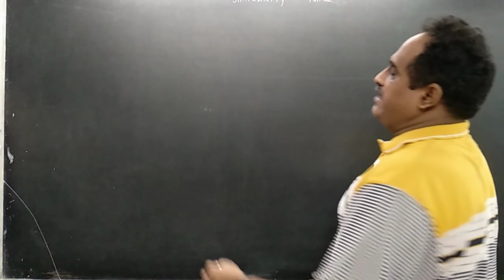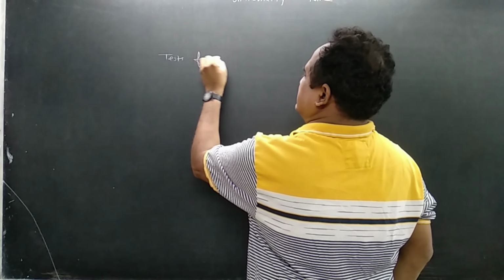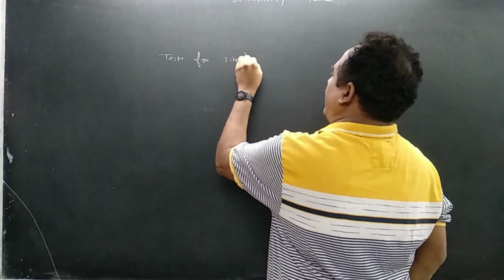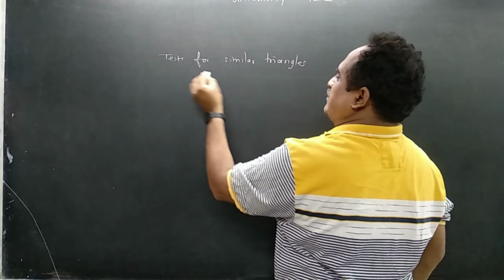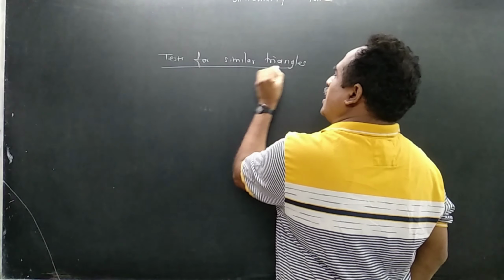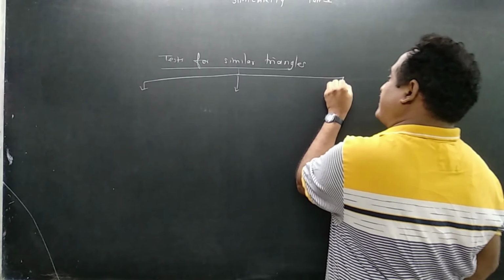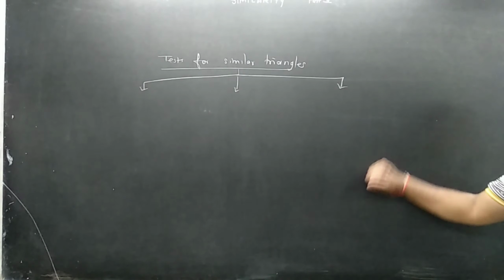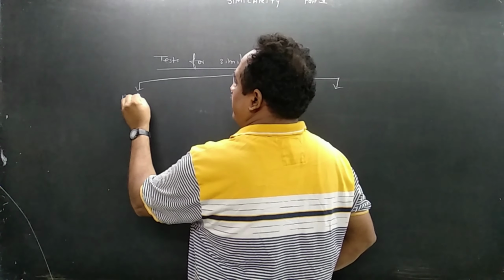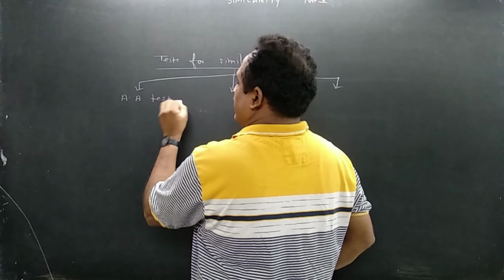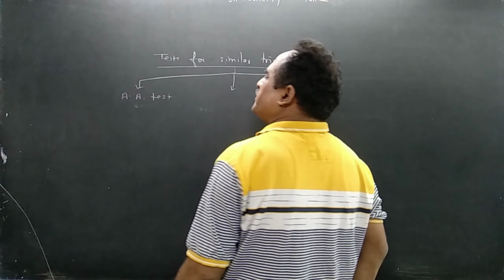In 9th standard, we have studied some tests for similar triangles. We studied three tests, which we have to revise from the 9th standard book. The first one was the AA test, and you are going to write AA test only.